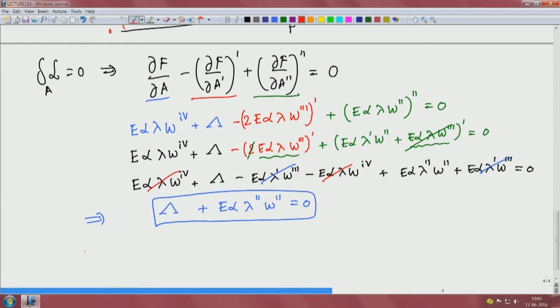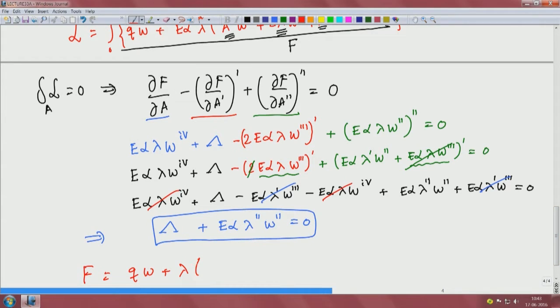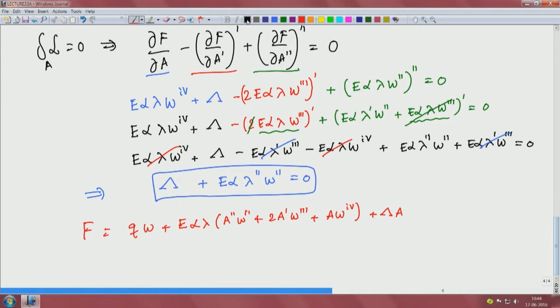I will just write f, that is qW plus E alpha lambda into A double prime W double prime plus 2 A prime W triple prime plus A W fourth derivative plus lambda A, that is the integrand.